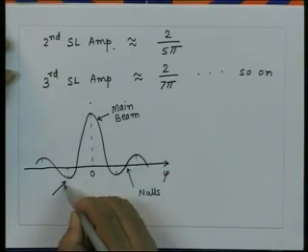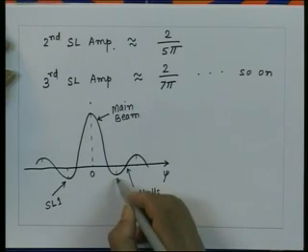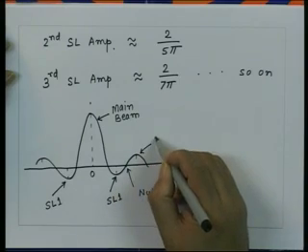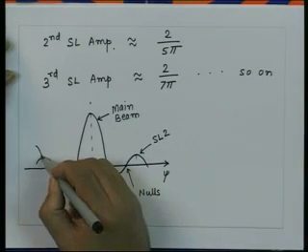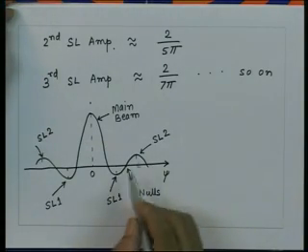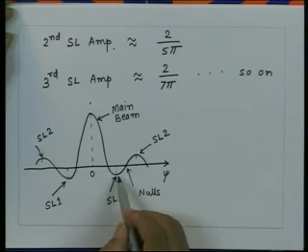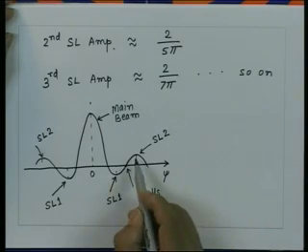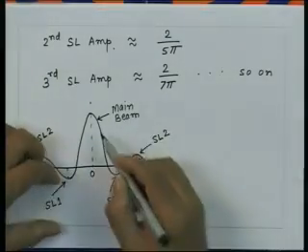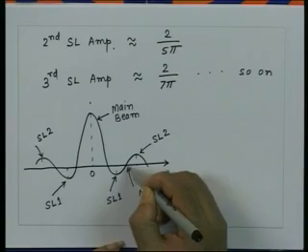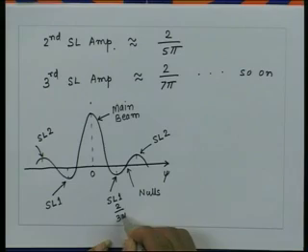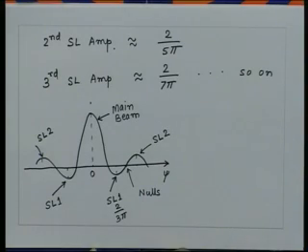So, this is side lobe 1, this is also side lobe 1, this is side lobe 2, and so on. As we saw, this amplitude here is 2 upon 3 pi, this amplitude will be 2 upon 5 pi. So, the amplitude of the side lobes is reducing as we go away from the main beam. The highest side lobe is this one, which has an amplitude of 2 upon 3 pi, which is approximately about 21%.